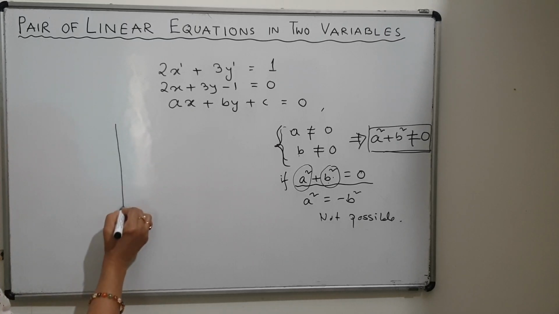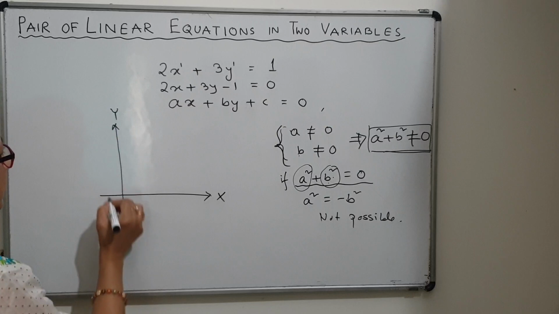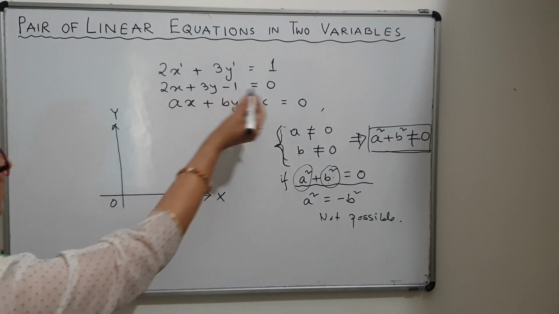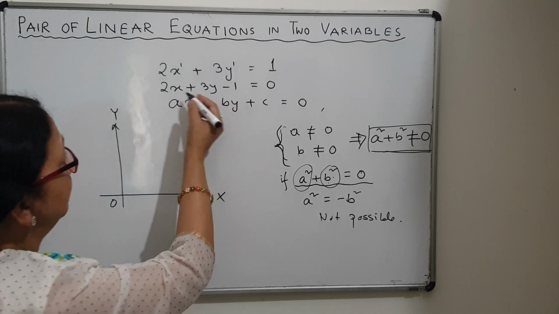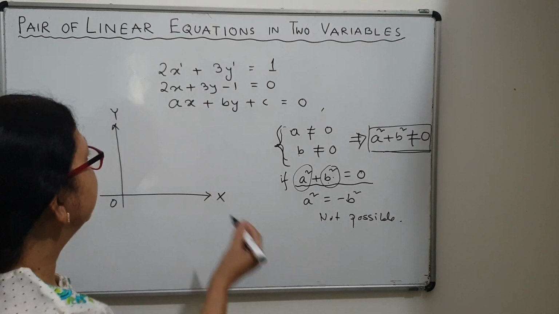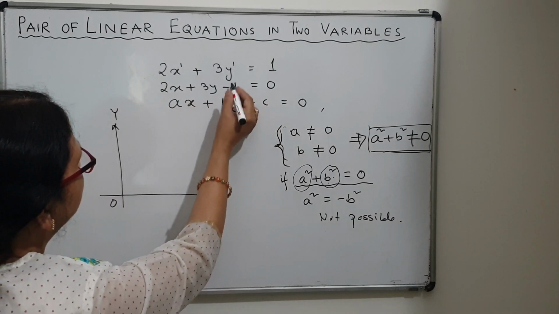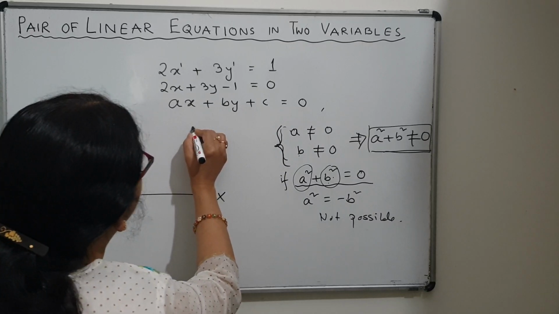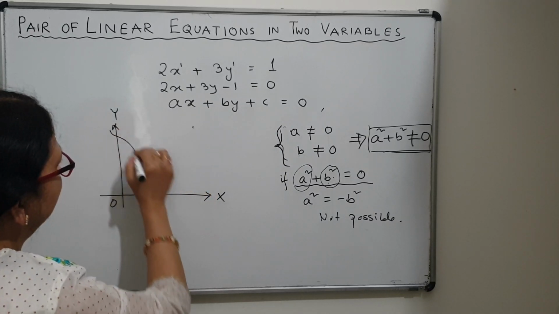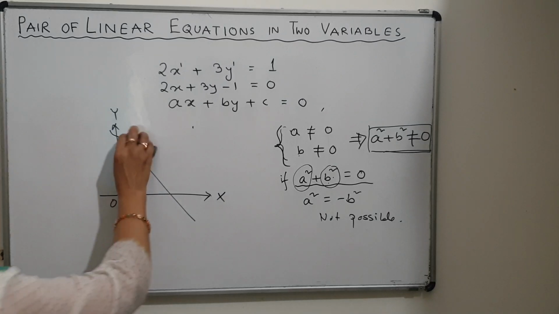Suppose x-axis, y-axis. So it will be a line. I am not plotting the graph up to exact points, so it will be some line. Sorry, straight line. Anyway, it will be a straight line.